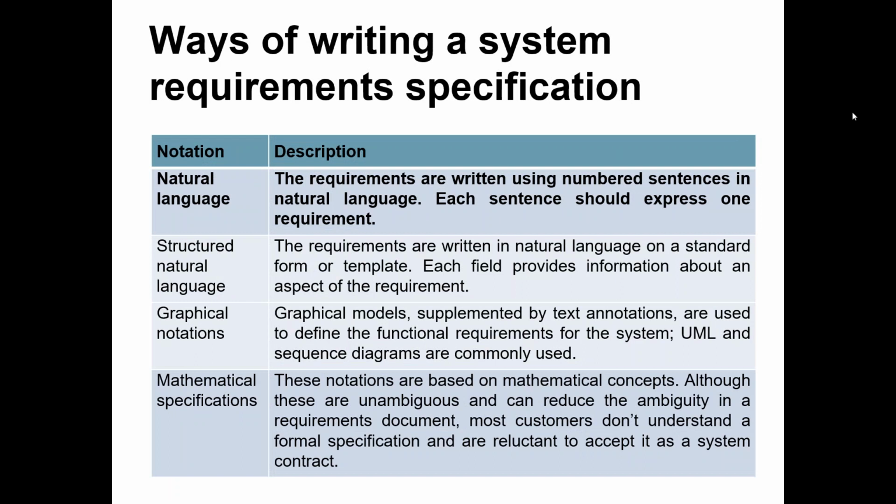Now, when you're writing your requirement specification, this should be done in natural language. The requirements are written using numbered sentences in natural language. Each sentence should express one requirement. Now, there are two things here. You remember last week, I can't search for it and find it now, but I'm quite sure you can, where you saw the user requirement and below it, the list of specifications from that user requirement.